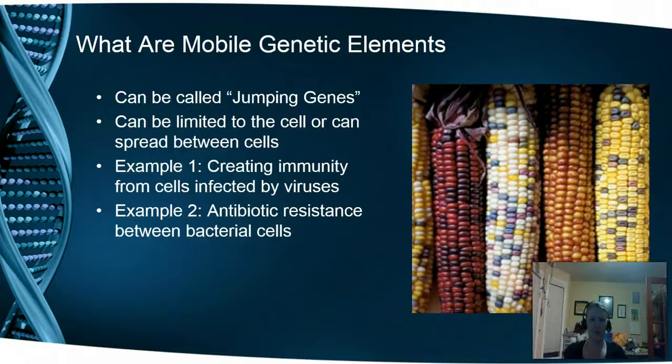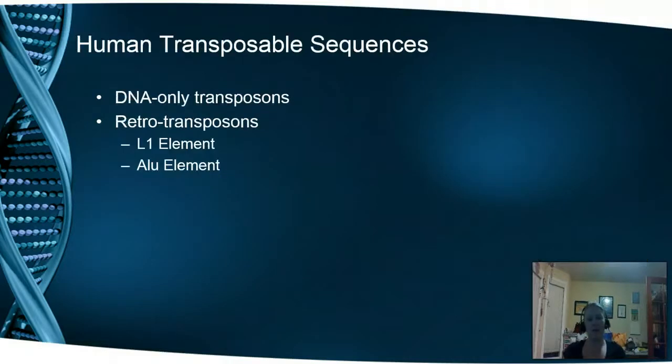There are some good examples where this can create immunity. This is also how antibiotic resistance occurs between bacterial cells. So we're going to look at the human transposable sequences, the DNA-only ones, and then some retrotransposons as well, in the next couple of slides.